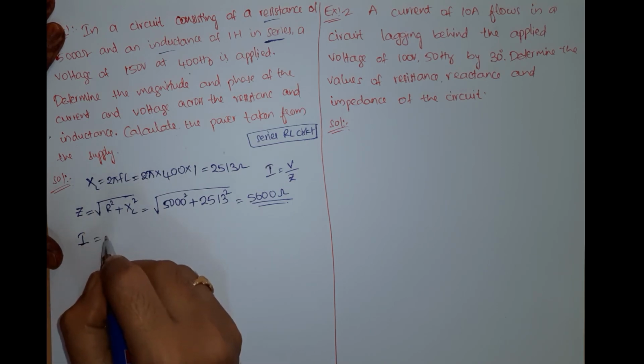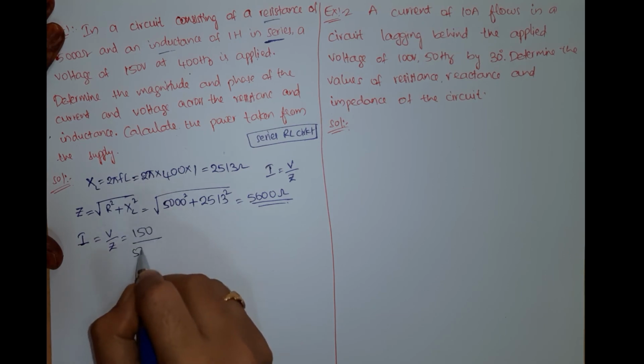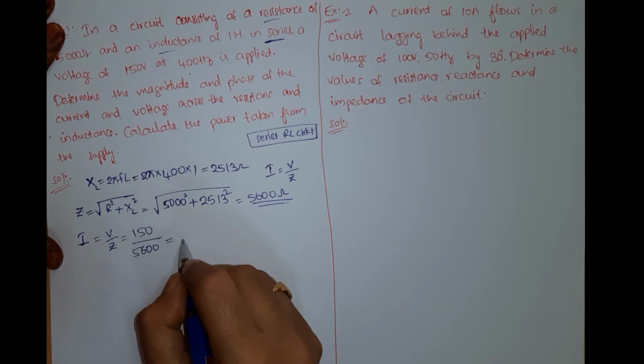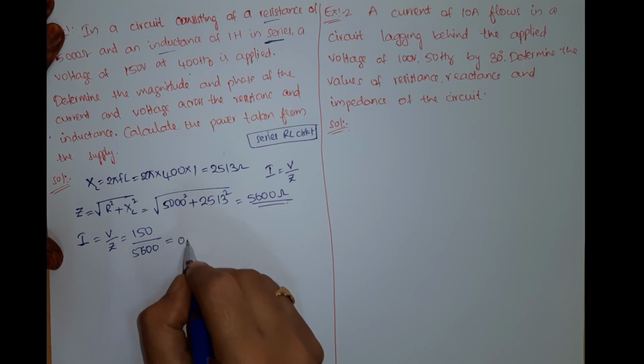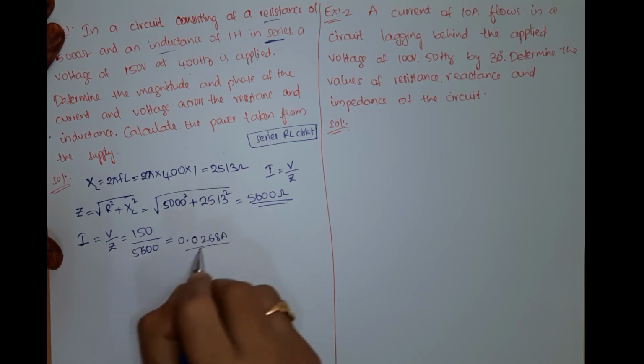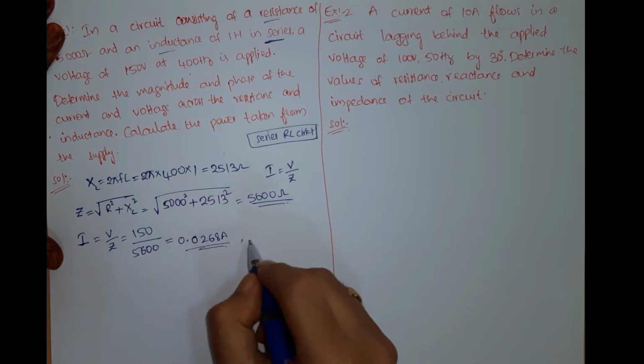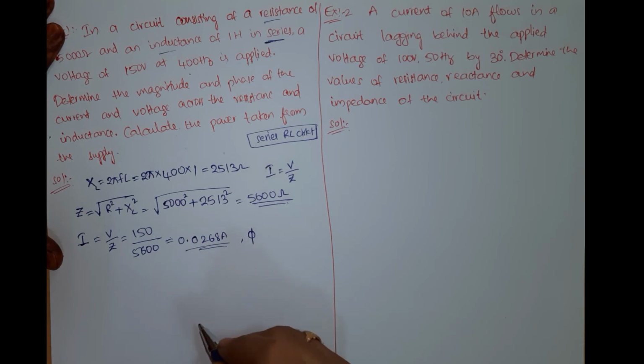So now I can find out the value of I, magnitude of the current. That is I equals V by Z, that is 150 by 5600. Nearly we will be getting 0.0268 amperes. Right? This is magnitude. Then what about the phase? Phase is nothing but phi.